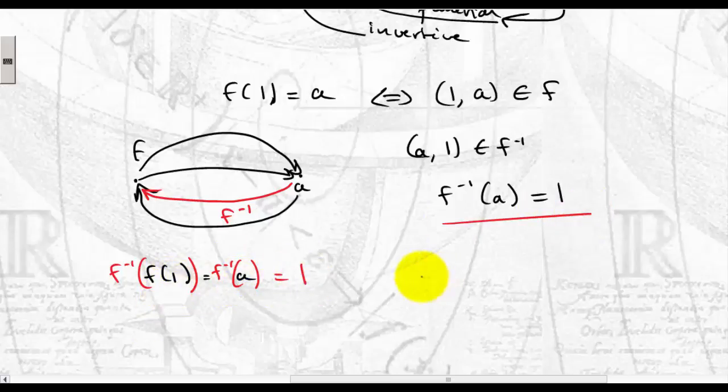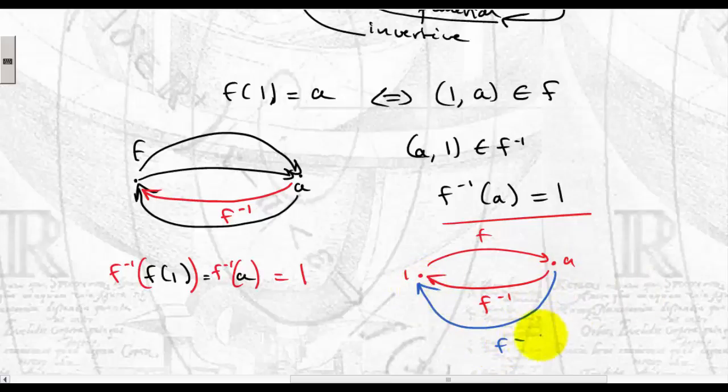So 1 goes to a with f, and then it goes back to 1 with f inverse, right? So f minus 1 of f of 1 is 1. And of course, you can check out that if you start at a and carry it to 1 with f inverse, right? So I'm doing f inverse of a equals 1 right here.